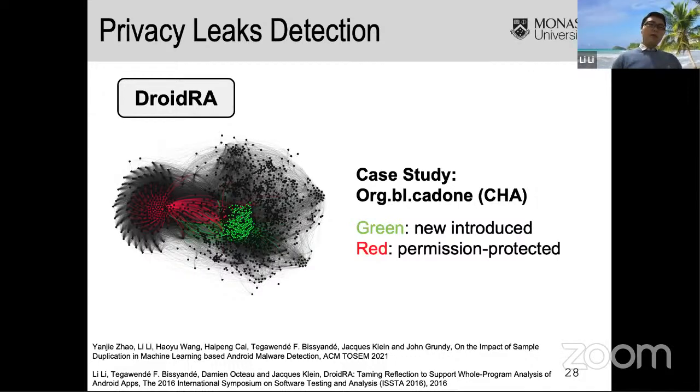Reflection could also be leveraged by malicious people to hide some sensitive operations. So which shows that there is a need to perform reflection-aware analysis, especially when detecting privacy leaks in Android apps.